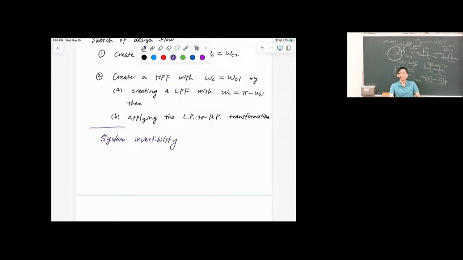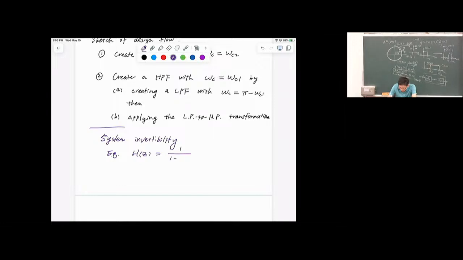So remember that, for example, last month, we said that for example, if H(z) is 1 divided by 1 minus 1/2 z inverse, I remember we have this example.